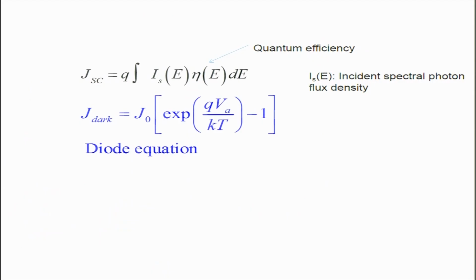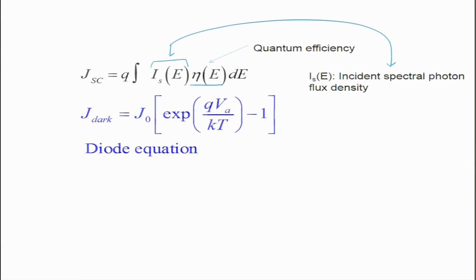The current that we extract from a solar cell is depicted as JSC equal to q times the integral over all the energies of the incident spectral photon flux density, times eta(E), which is the quantum efficiency.